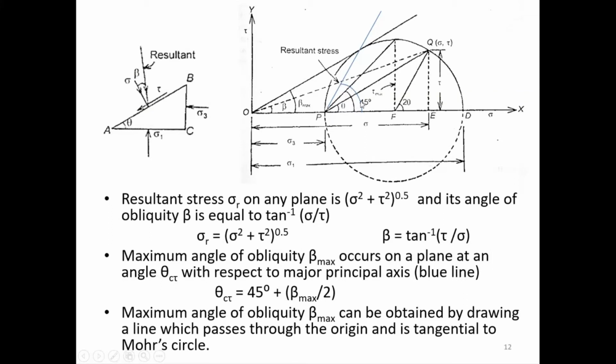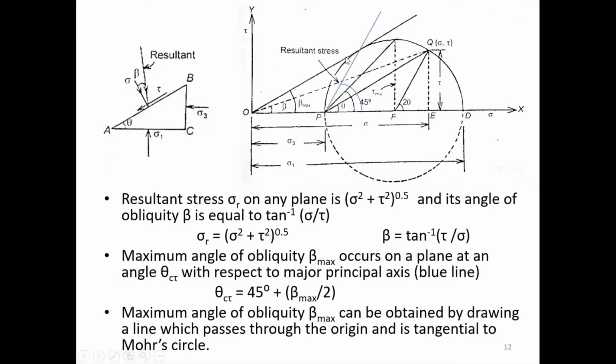That beta max is the tangent on this circle, because this will be the point where you will have your maximum possible combination of sigma and tau. So I have this line.